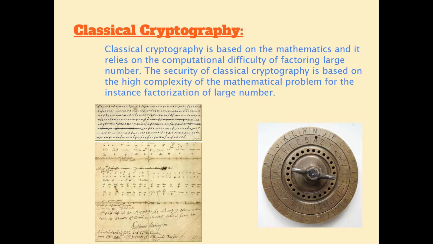So it basically secures its messages by increasing the complexity of the mathematical problem, or intensifying the factorization of a large number, or setting up certain rules and regulations that are confined to a certain group of people.